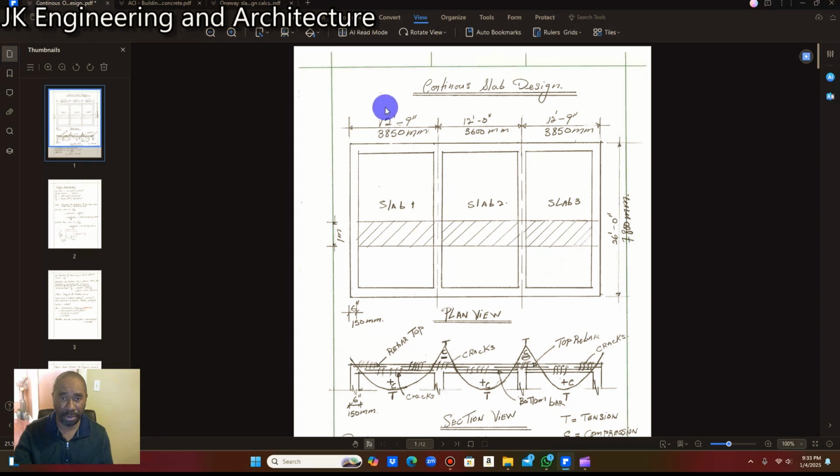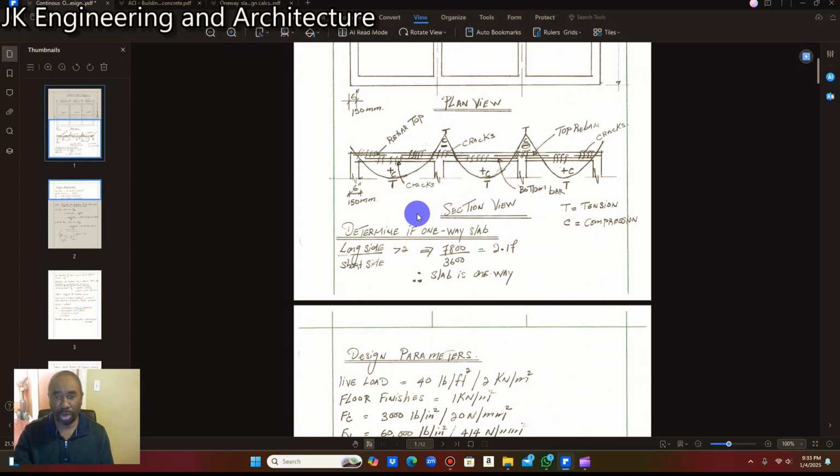So you see here the length of the slab is going to be something less than 3,850 when I subtract the 150 millimeter and halfway through the 150 millimeter wall. This slab is going to be 3,600, and slab 3 is going to be equal to the length of slab 1.